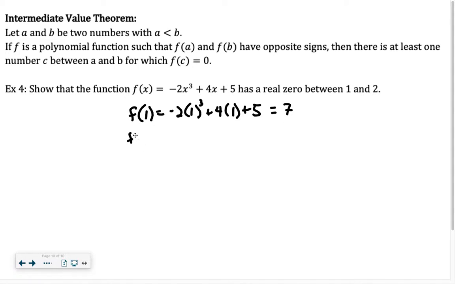And then if I evaluate f of 2, that'll be -2 times 2 cubed plus 4 times 2 plus 5. So 2 cubed is 8 times -2 is -16, plus 8 would be -8, plus 5 would be -3.